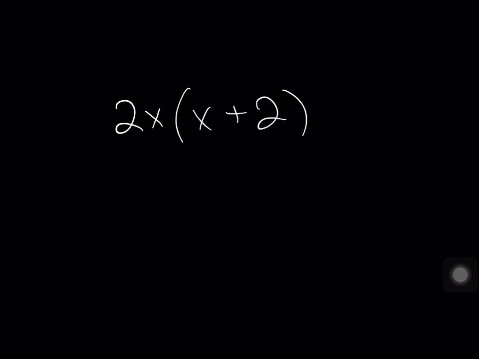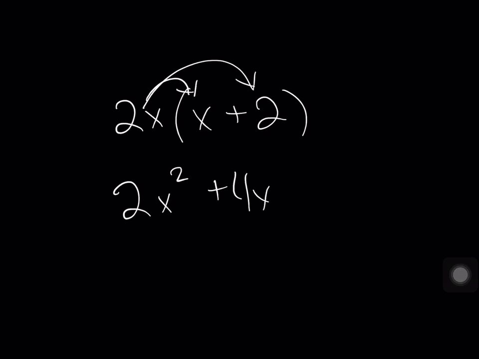This was the first part of the chapter when we took just a single monomial and we distributed it to a polynomial, in this case a binomial. So the 2x wants to get multiplied times x, and we would have 2x squared, and then the 2x wants to be multiplied times the 2, and we've got plus 4x. Okay, so this is what we've been doing.